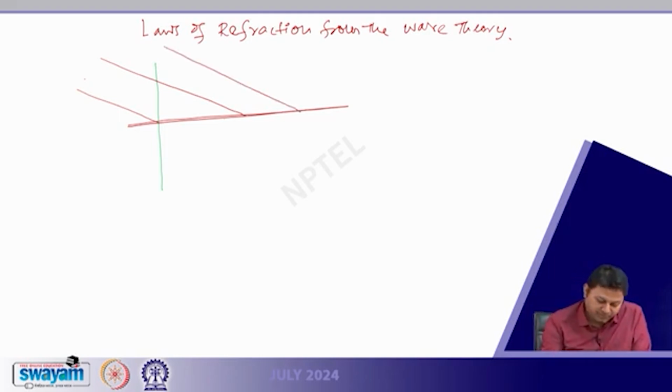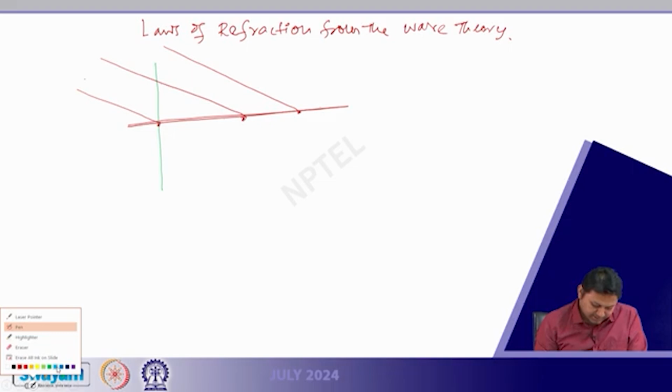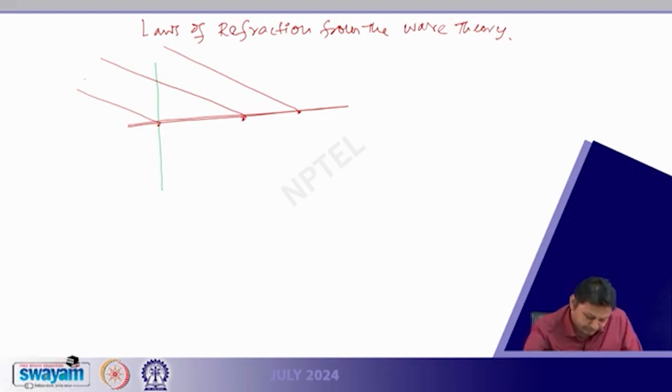Three rays will fall here. And let me draw the wavefront the way we did earlier, which is perpendicular to the ray. This is the wavefront I am drawing.